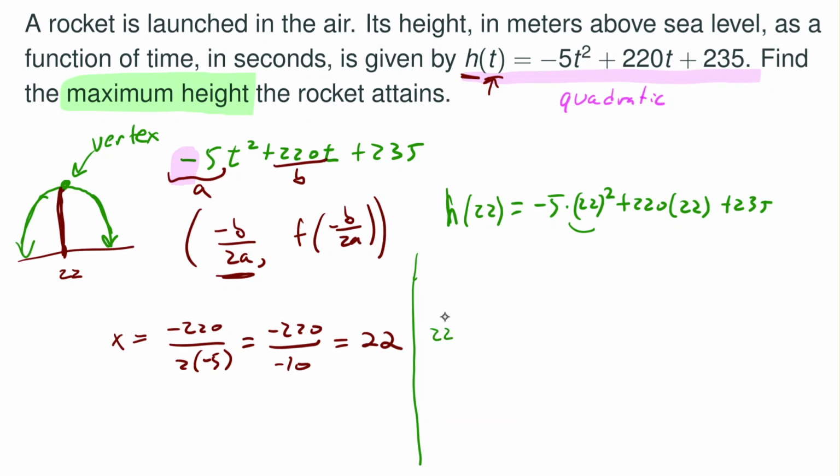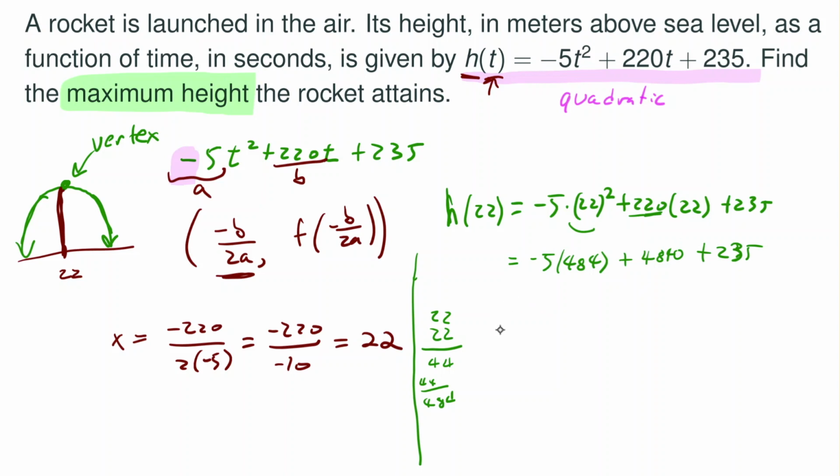I know that 22 squared is, what is that? 44, 44, 484. So we have negative 5 times 484 plus, this would be also 484, but with one more zero, so it'll be 484 with one more zero plus 235.